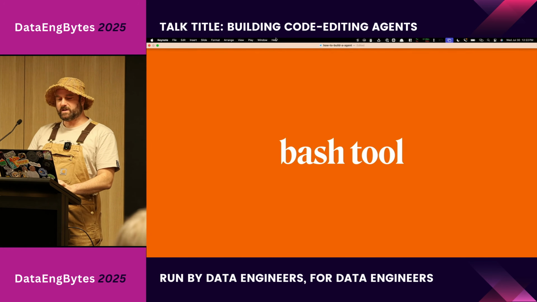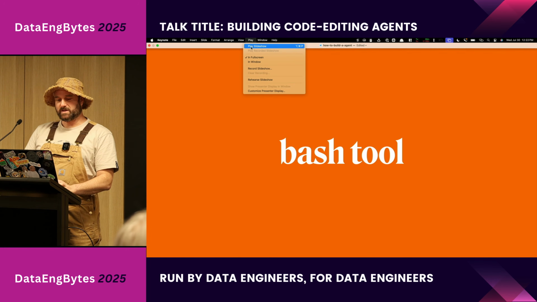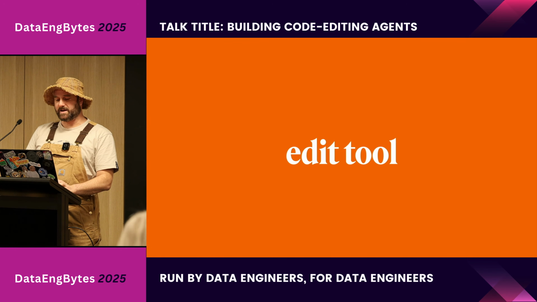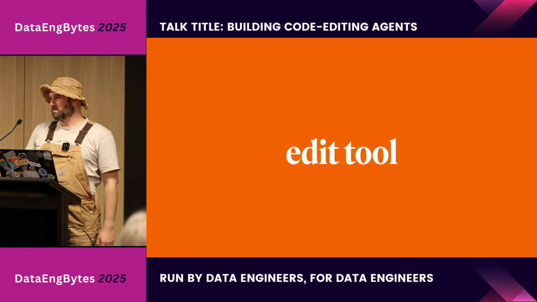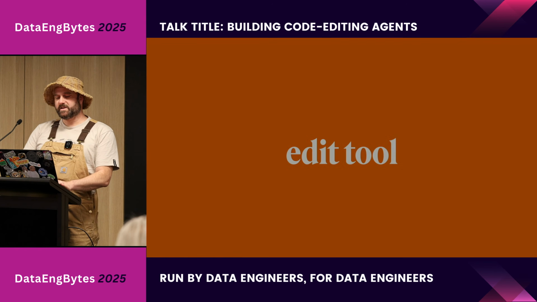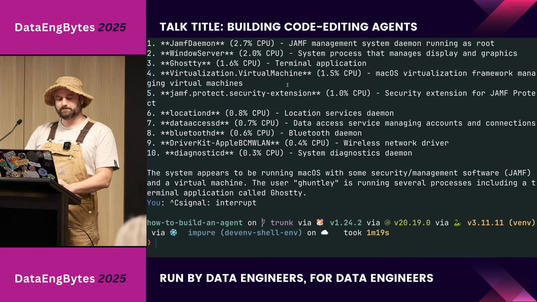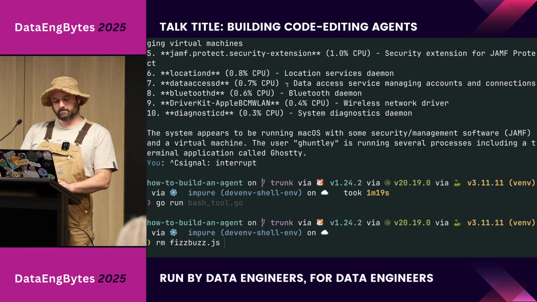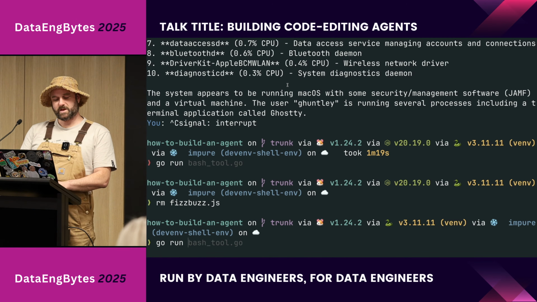Okay. We now have some of the baselines of a coding agent, right? All we need now is an edit tool. And each one of these concepts stack upon each other.